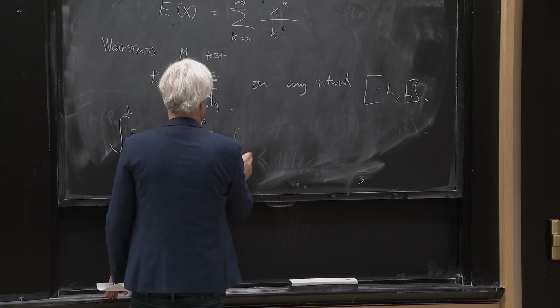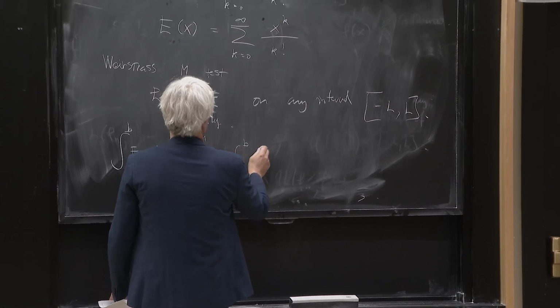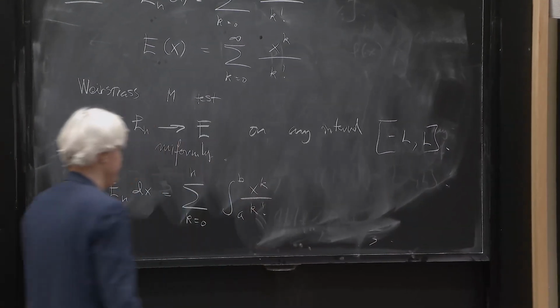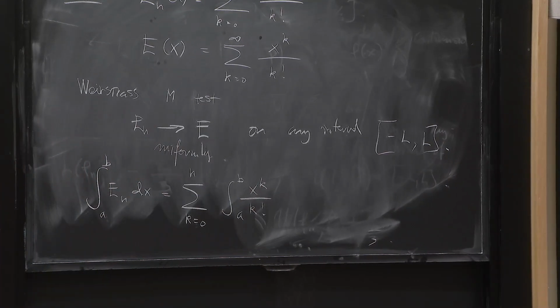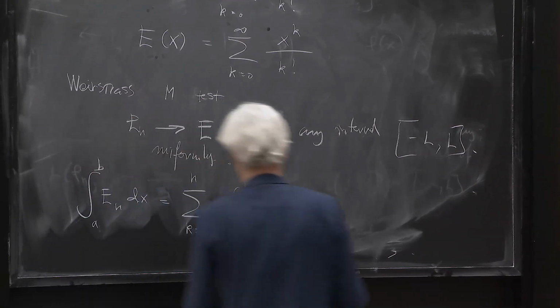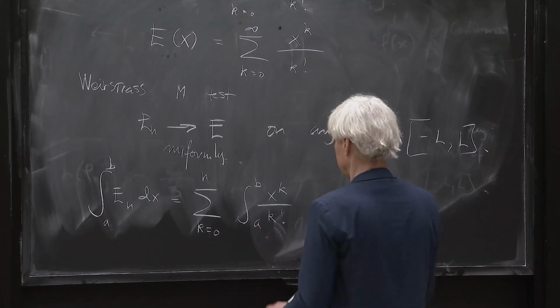Then you're integrating x^k over k factorial from a to b dx, and of course that's very easy to do.